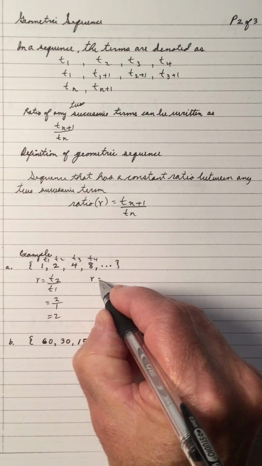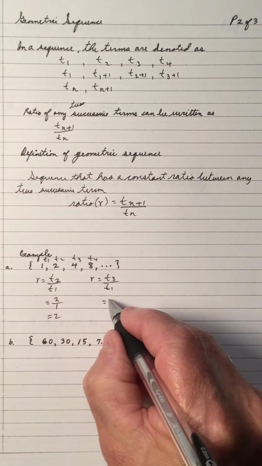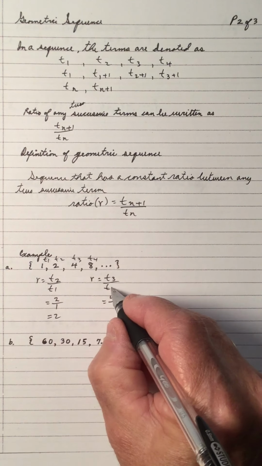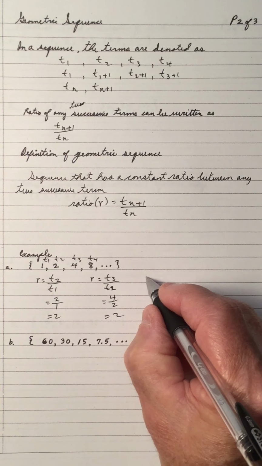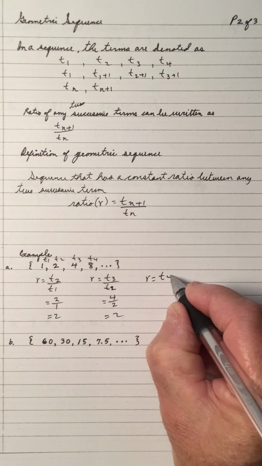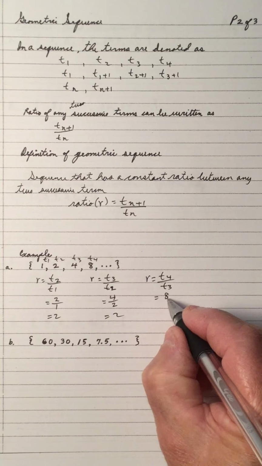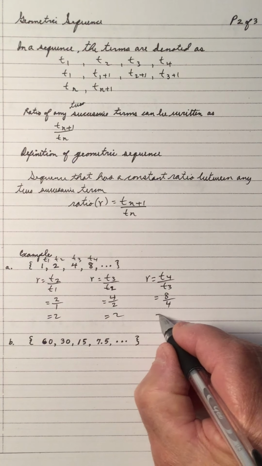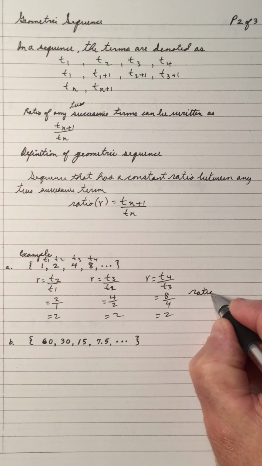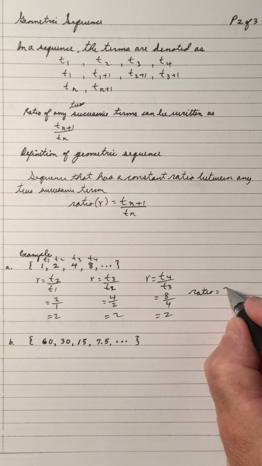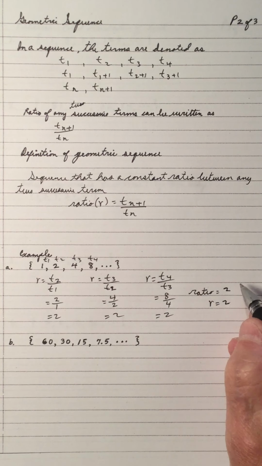And the ratio of T3 divided by T2: T3 is 4, T2 is 2, 4 divided by 2 is 2. And another ratio, T4 over T3: T4 is 8, divided by T3 which is 4. So the ratio is 2, or we can say R is 2, knowing that R stands for ratio.